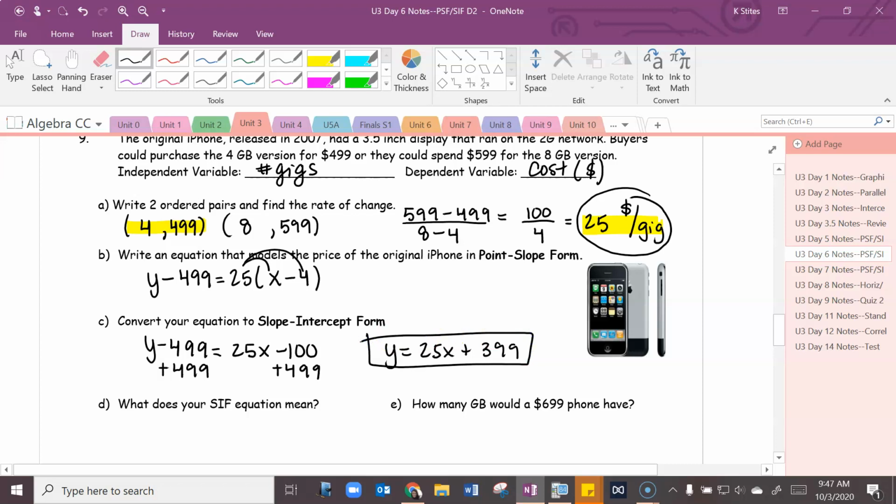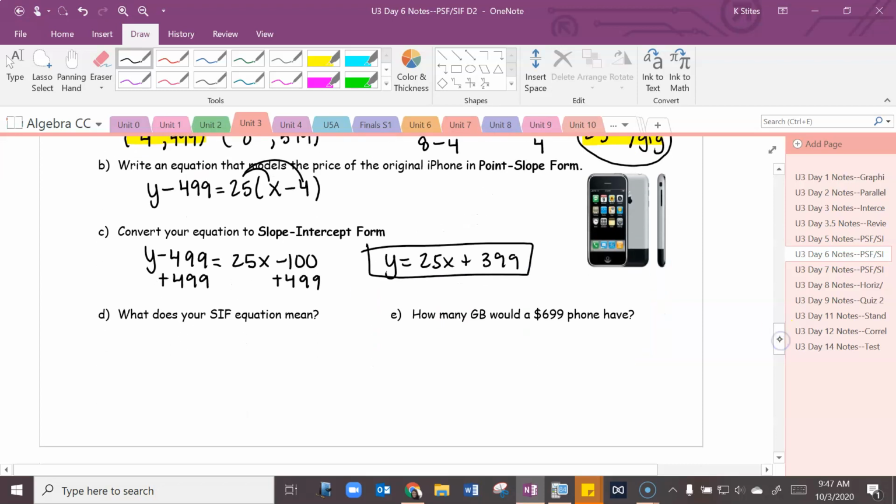All right, so what does this mean? Well, we already said the 25 means it's $25 per gig. What does this $3.99 mean? Well, the $3.99 is like your starting cost. So that would just be the cost of the phone in general, or the base fee for the phone.